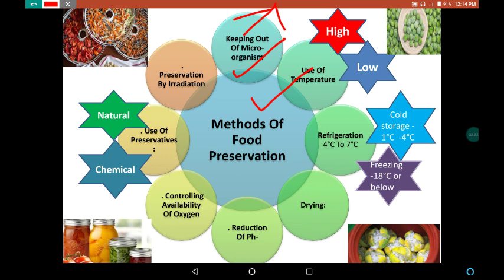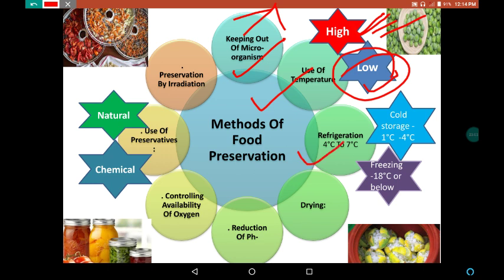Two types of temperature we can use to preserve food: high temperature and low temperature. High temperature means applying heat, boiling, cooking, pasteurizing. In lower temperature we can preserve the food for a long time.